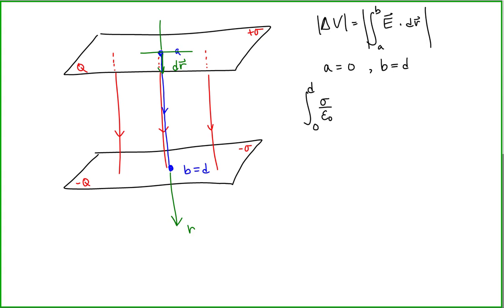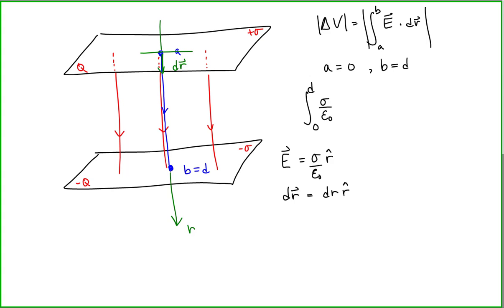So I will indicate that the electric field then is sigma over epsilon naught r hat, where r hat is the unit vector that's in the direction of our displacement. And remember, dr, our displacement differential, is just going to be given as dr r hat.